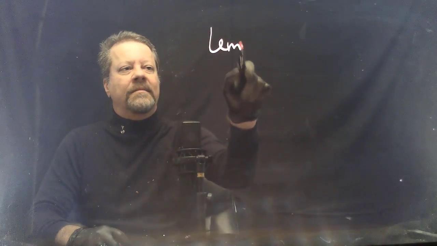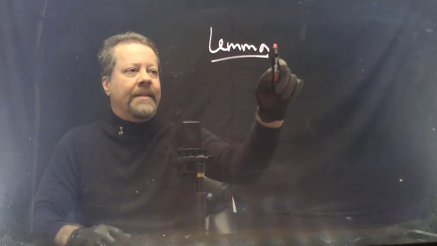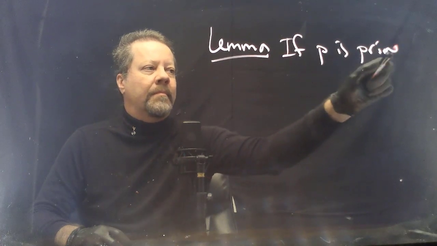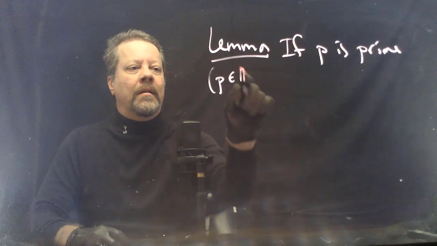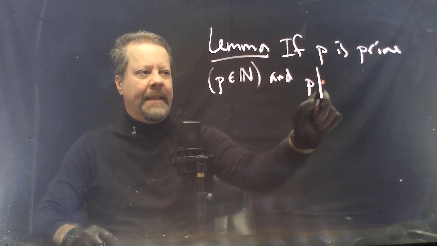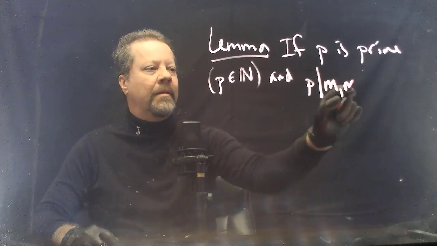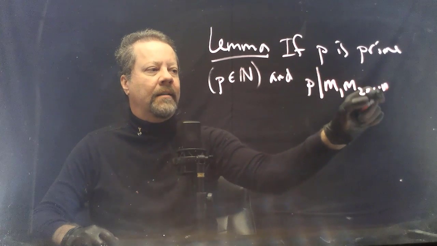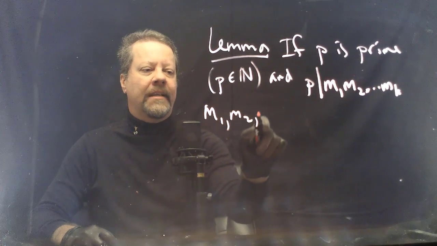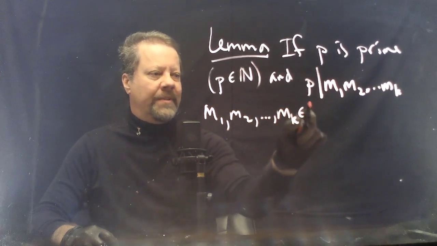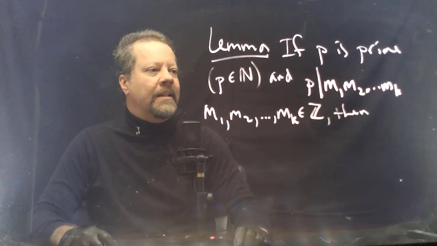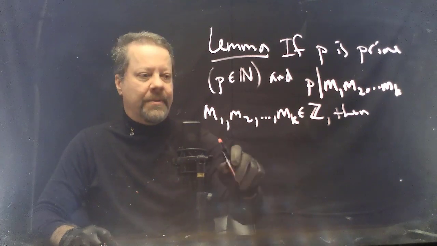Here's another lemma, and this one even more obvious. If p is prime, and we're assuming, of course, p is an element of the set of natural numbers, if p divides a product of integers m, k, all of these elements of the set of integers, if p divides that product of integers, then p must in fact divide one of those.